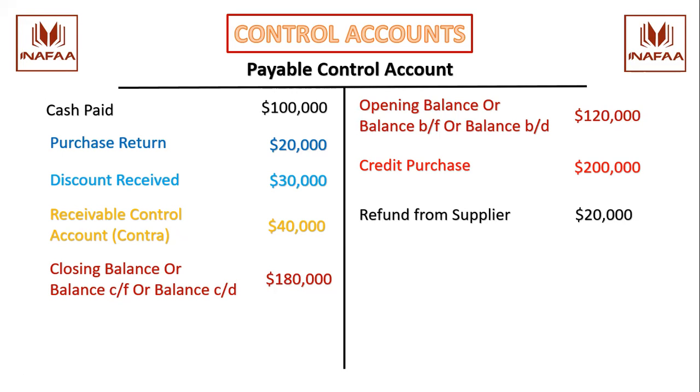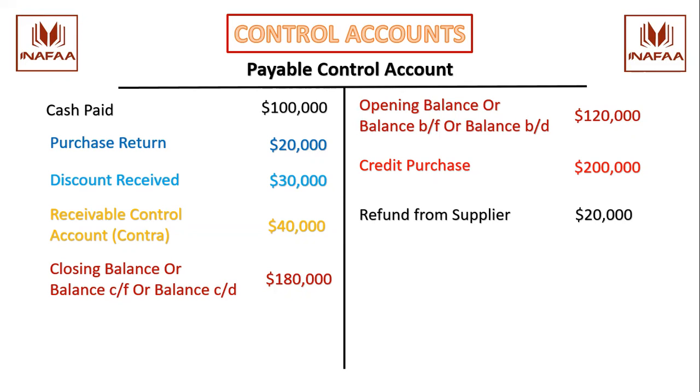Just to remind you guys, these are prepared when we have multiple things of one type, we can make a total account of all those things. For example, we have multiple suppliers, all those are payable. We have multiple receivables, all those are receivable. So we must know at some point of time what is the total amount to be paid to payables and to be received from the receivables, as well as the individual amount to be paid to one payable and the individual amount to be received from one customer.